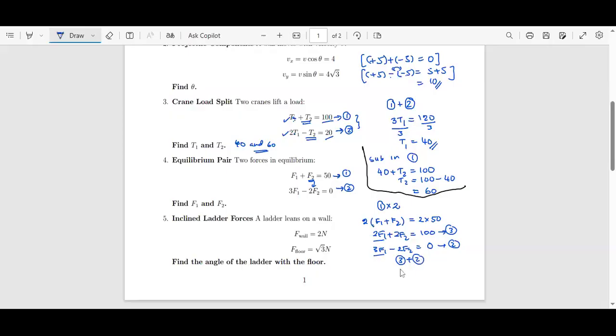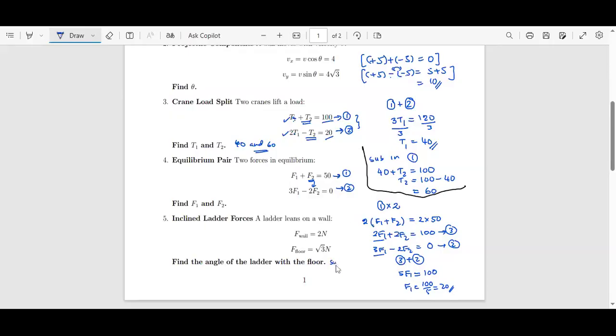2f1 and 3f1 get added and you'll get 5f1. But 2f2 and negative 2f2 get added, they'll cancel off. 100 and 0 gets added, you have 100. So 5f1 equals 100, f1 equals 100 over 5, which is 20. So we found f1.